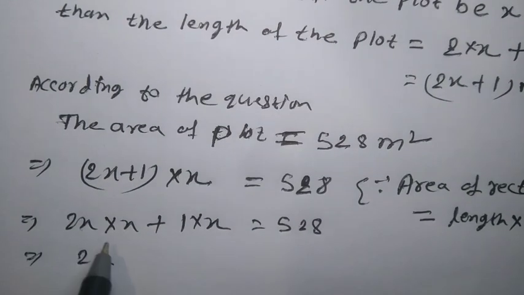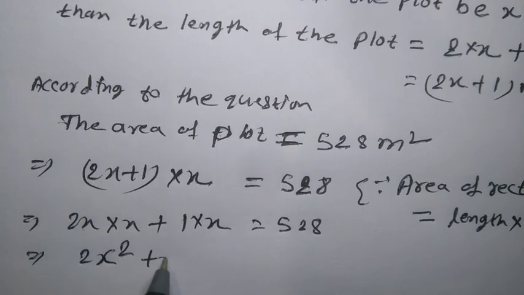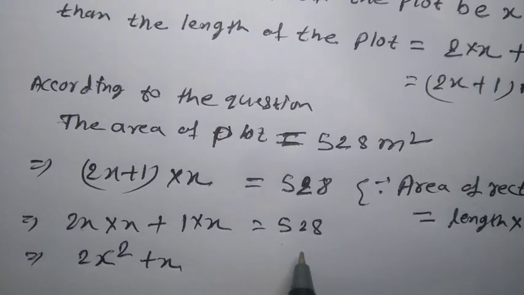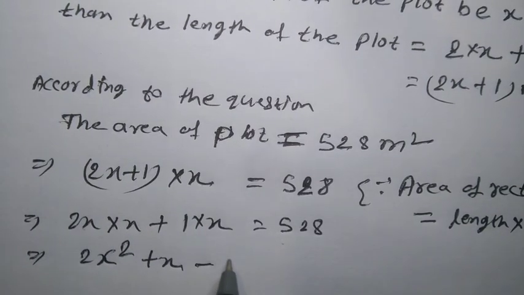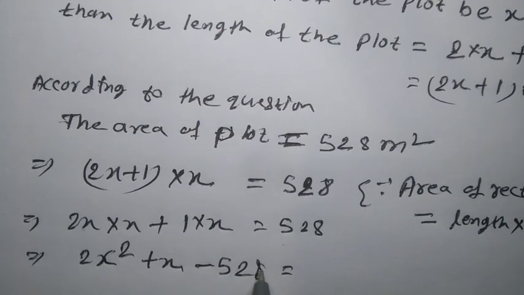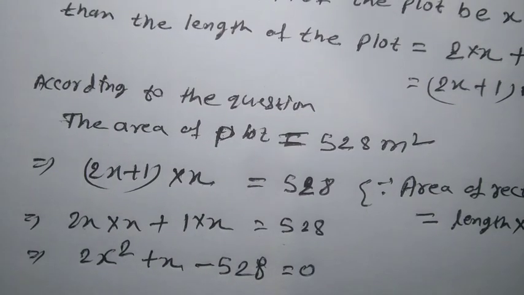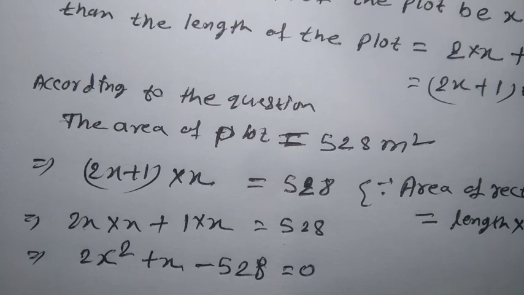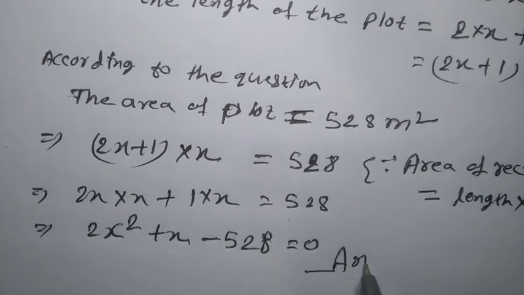Implies 2x square plus x, 528 goes to the other side, then minus 528 is equal to 0. Now this is our answer, because we have to only represent the form of quadratic equation. Okay, so this is our answer.